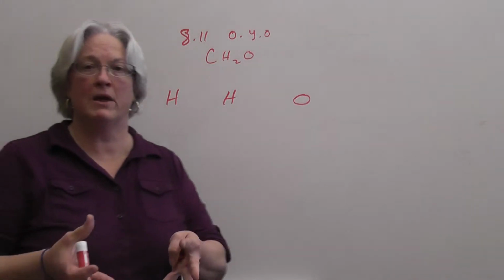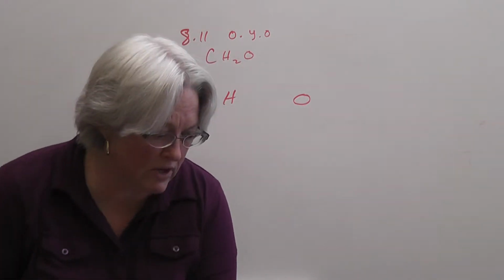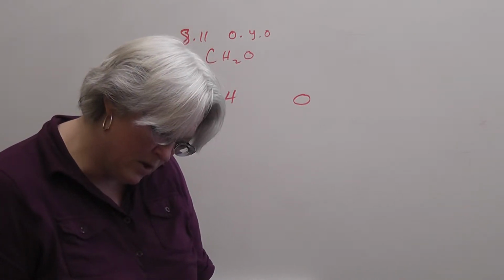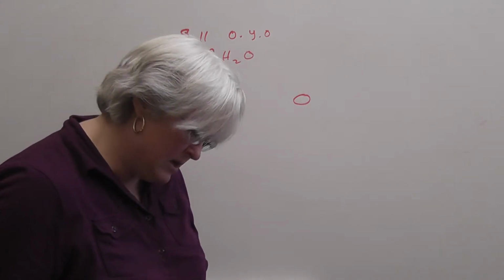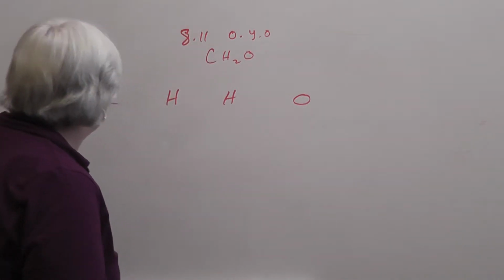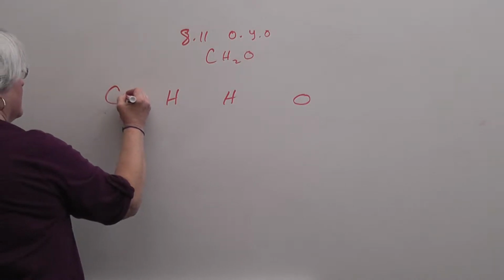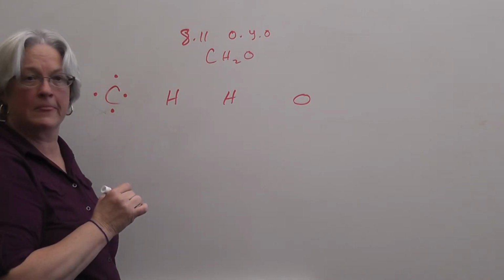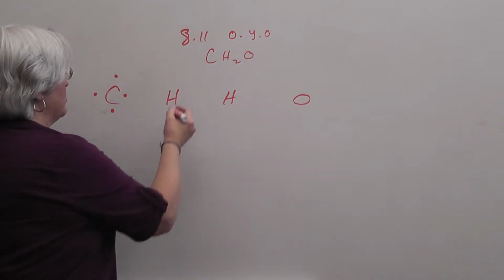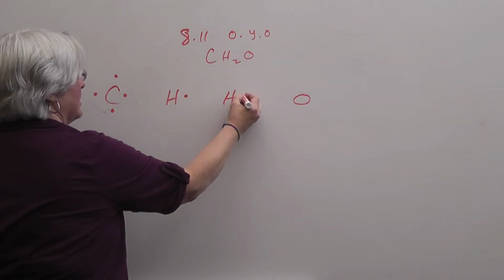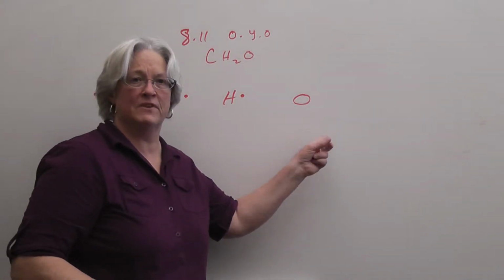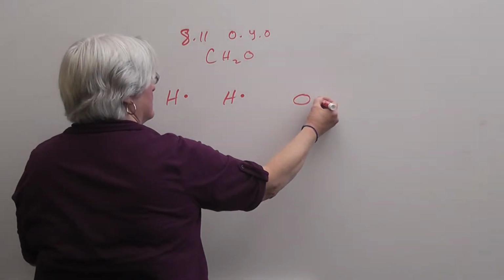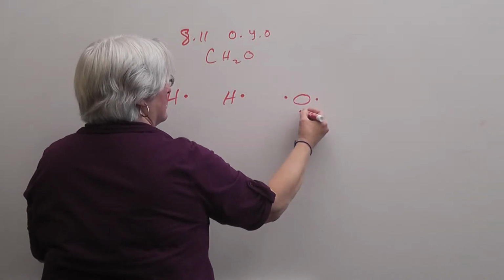And we want to find out how many electrons there are in its outer energy level. So if you look at C, it's in column 4, O is in column 6, and H is in column 1. So there are 4 valence electrons in the outer energy level of carbon, 1 valence electron for hydrogen, and 6 valence electrons for oxygen.